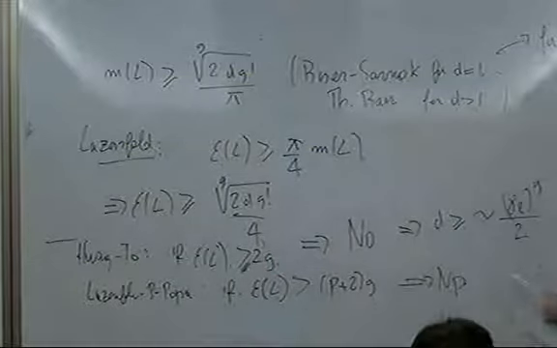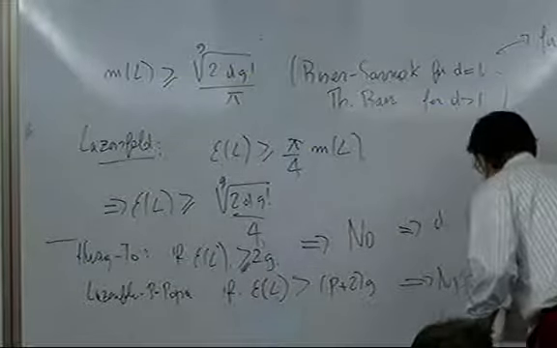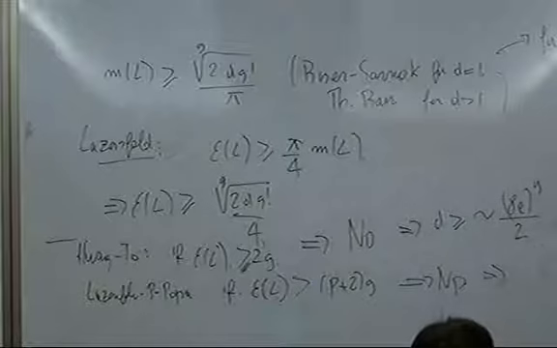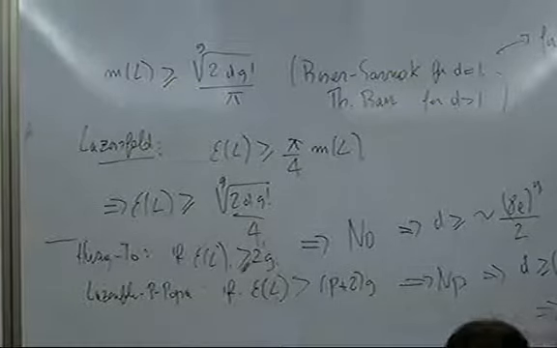And so if you plug in the estimates for the Seshadri constant, you get that if d is bigger than the corresponding bound, then you get N_p always for the general.